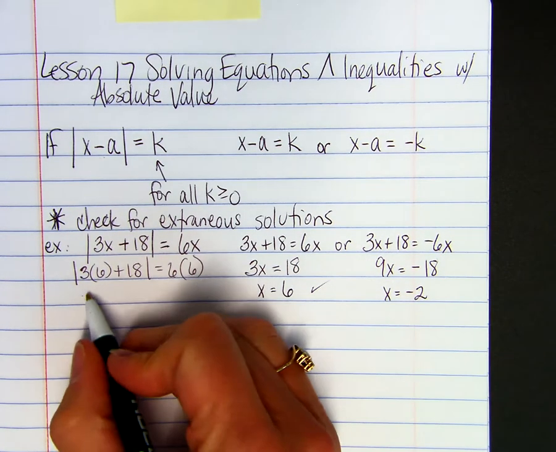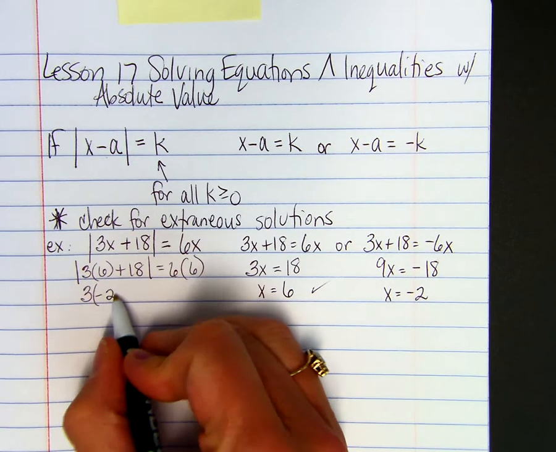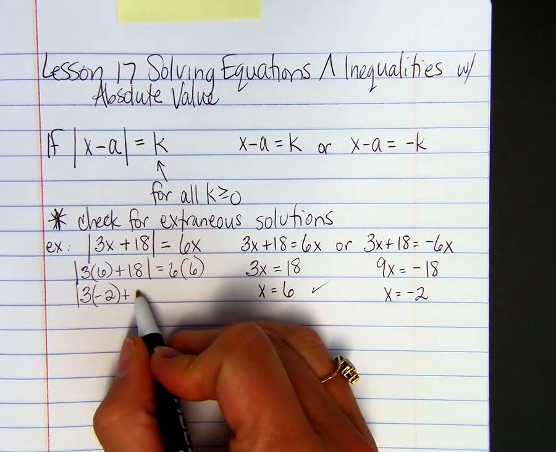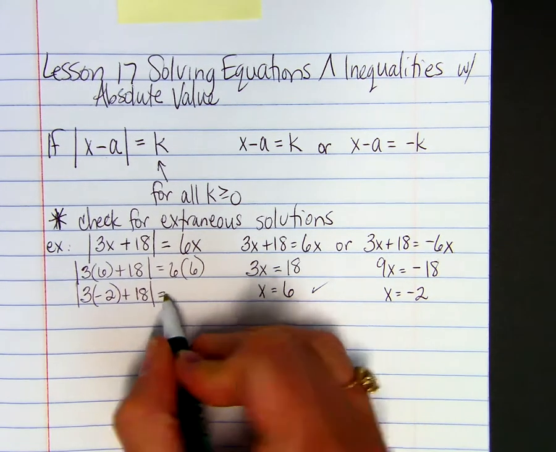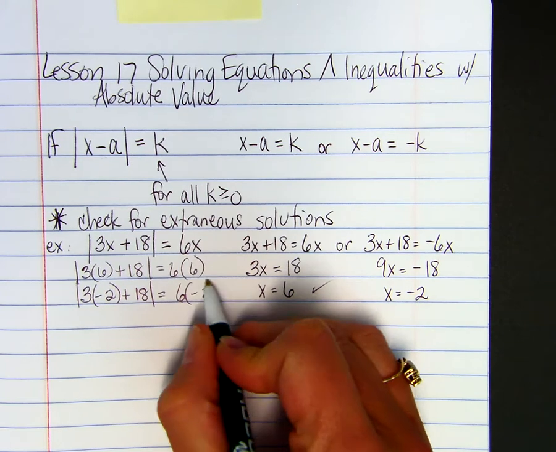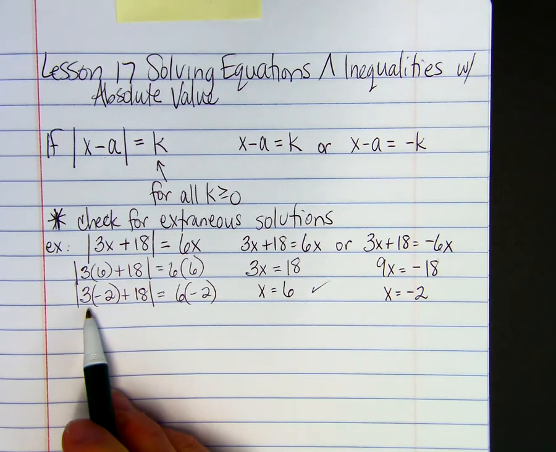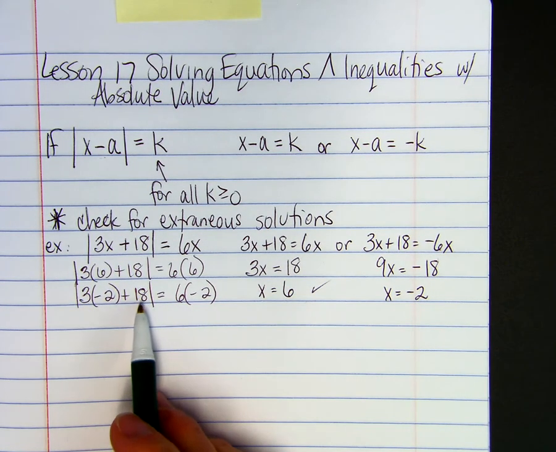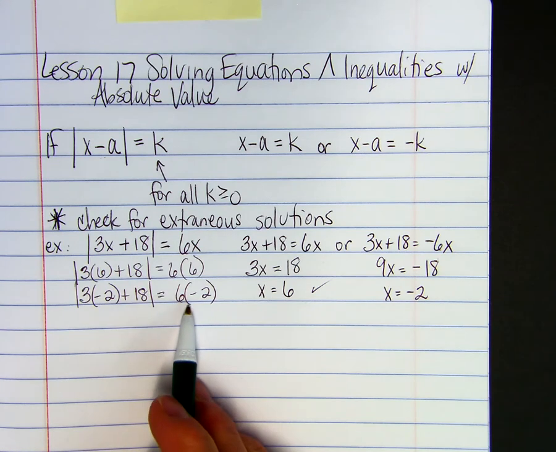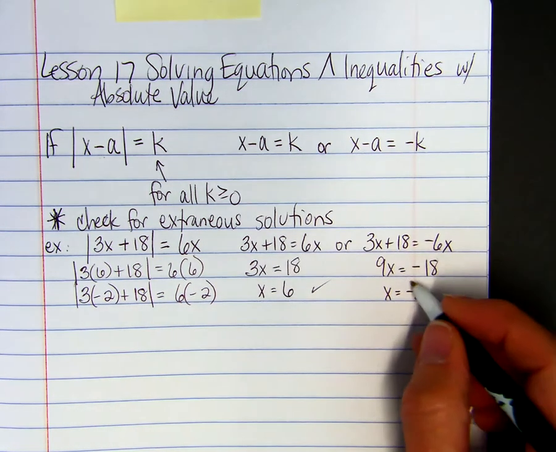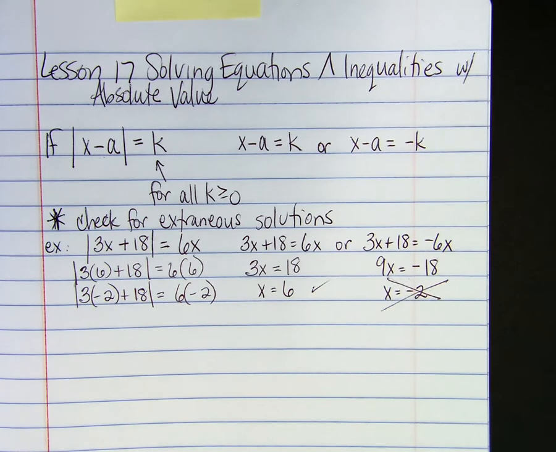And then we'll do 3 times negative 2 plus 18. Does that equal 6 times negative 2? Negative 6 plus 18 is 12, and that's negative 12. Wait, that doesn't work. So this is an extraneous solution and it won't work because the absolute value has to be positive.